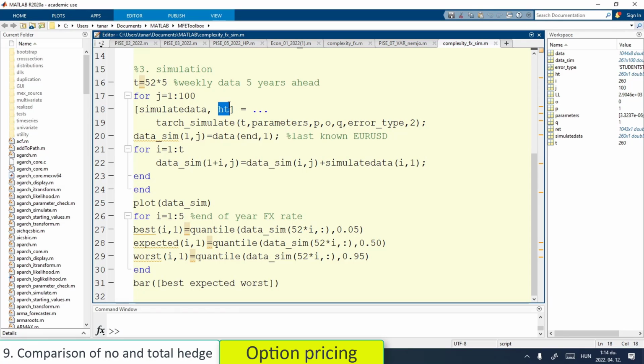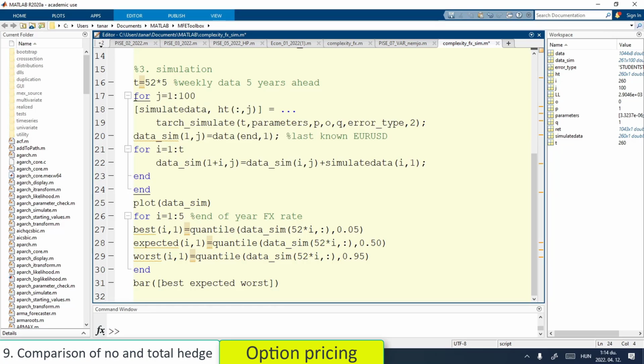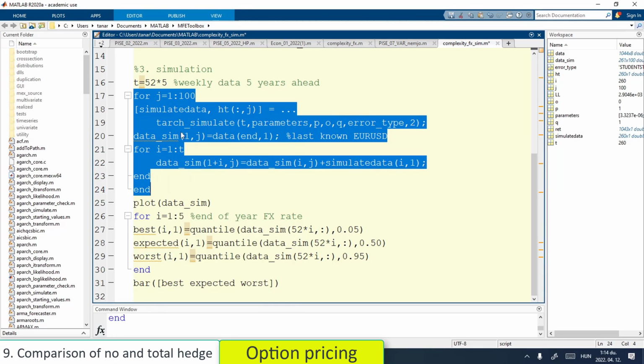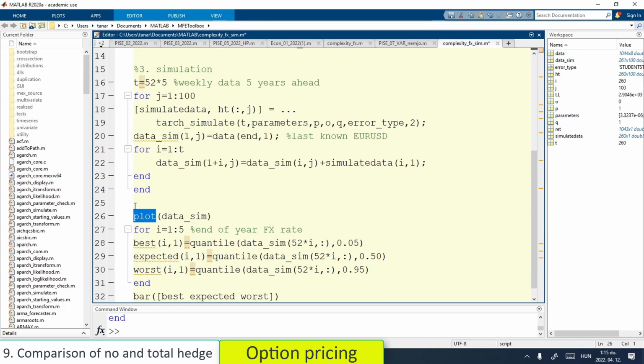The HT is variance, so we have to take the square root of it, and it will be standard deviation immediately. So actually I just have to save it, and that's all, I think. Okay. How does it look like?